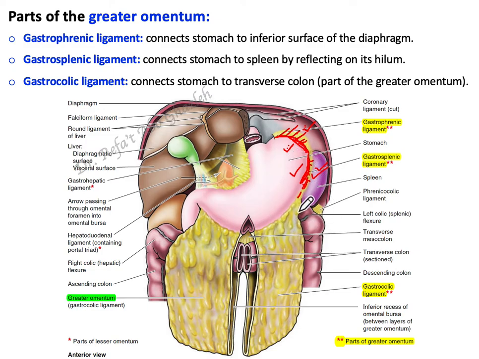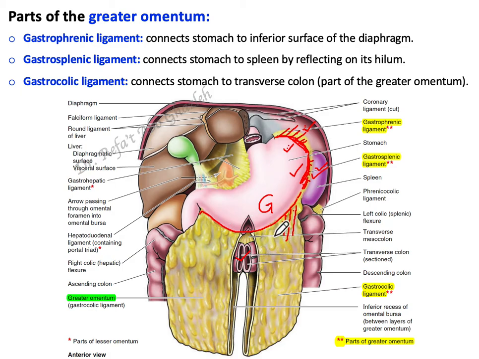Let's go down to the third part. We continue all the way to the end of the greater curvature, and there is a large part of the greater omentum which is called the gastrocolic ligament. Gastro, of course, from the stomach, colic because it's connected to the transverse colon. How?